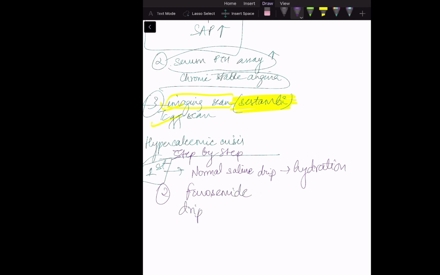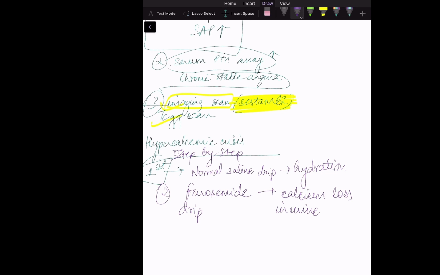We need the calcium levels to decrease, so furosemide will make loss of calcium through urine, and it will decrease the calcium levels.